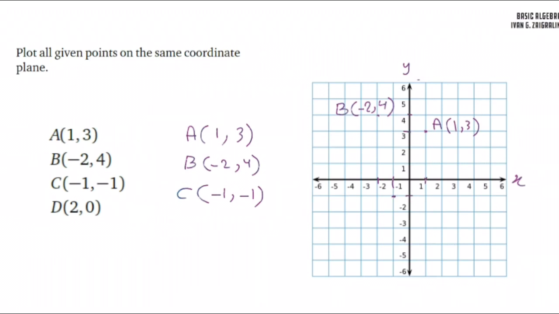So this point is C. And for point D, x coordinate 2 and y coordinate 0. So on the x-axis we find 2, and on the y-axis 0, and this is D. 2 and 0.